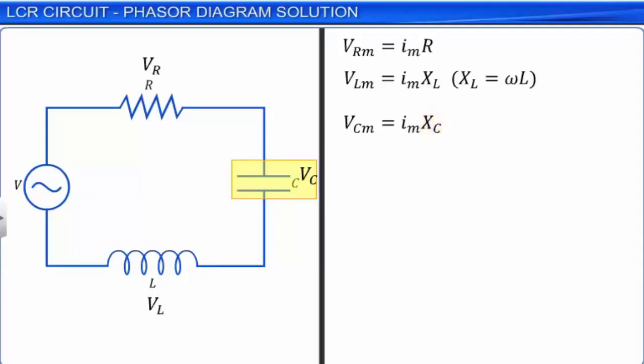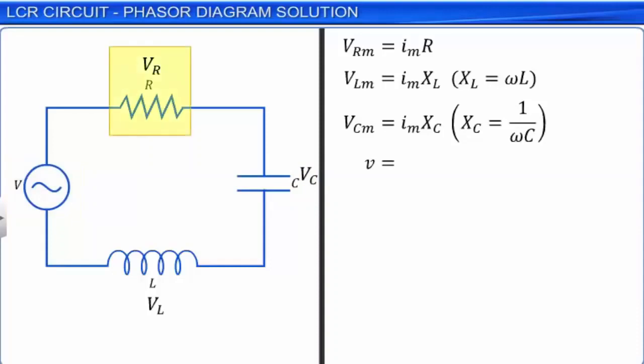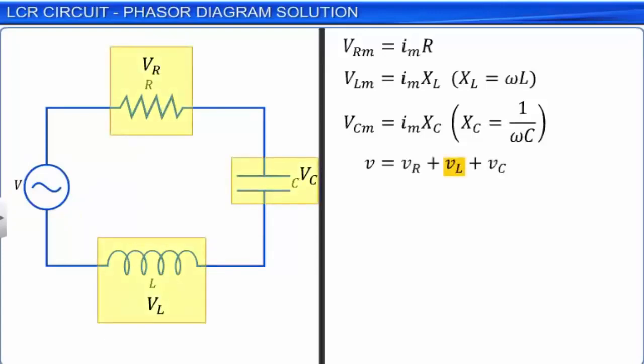The instantaneous total voltage V in the circuit is equal to the algebraic sum of the instantaneous potential differences across the resistor, capacitor, and inductor, represented as VR, VC, and VL respectively. And this can be vectorially represented as the sum of the phasors VL, VC, and VR, which can be calculated as follows.